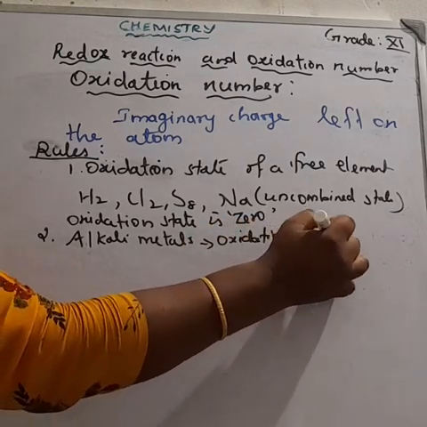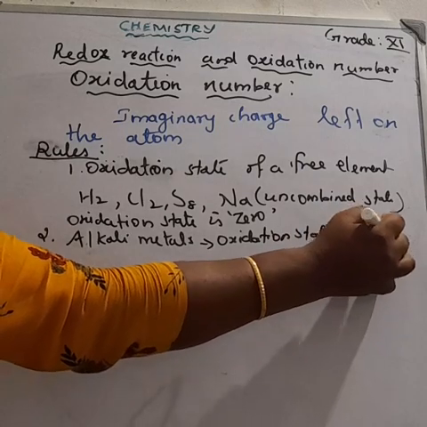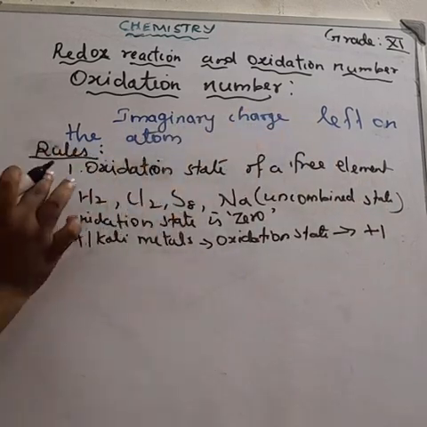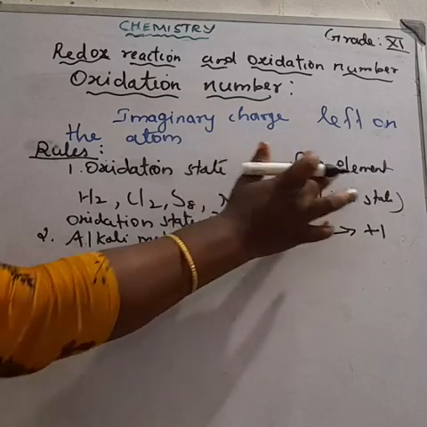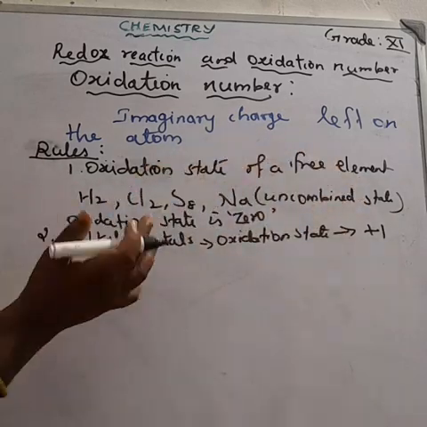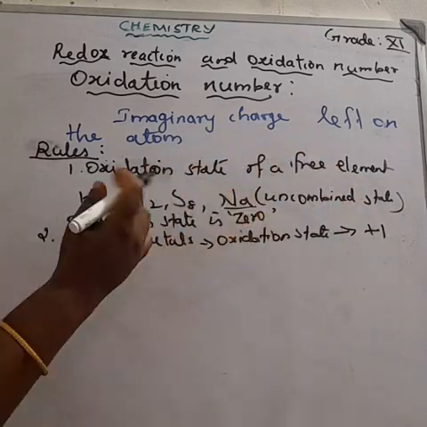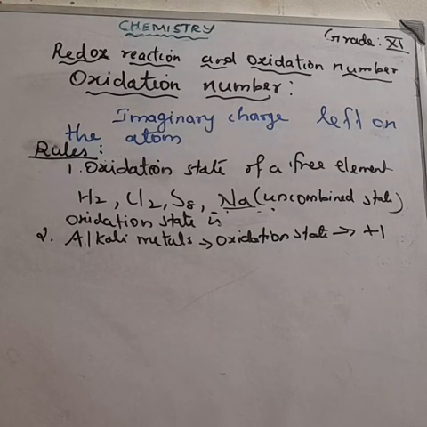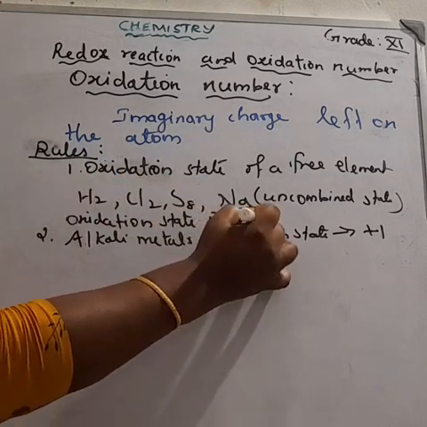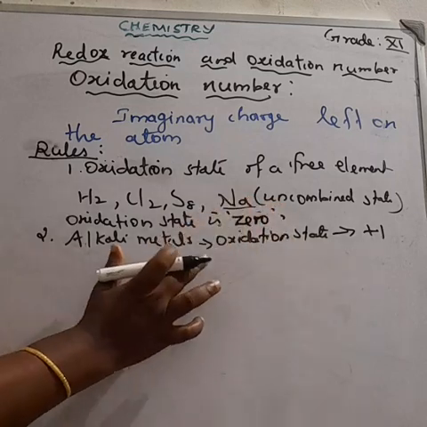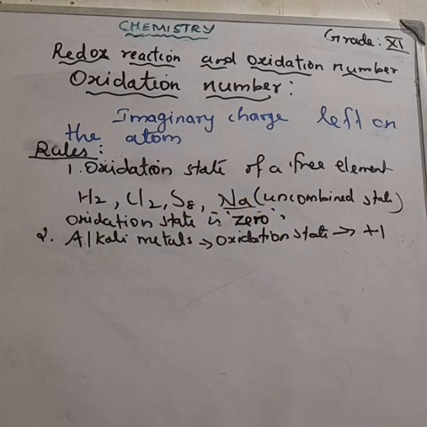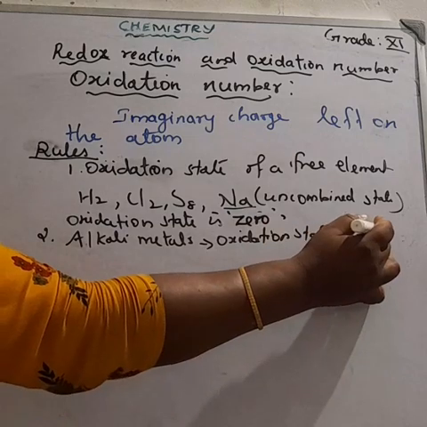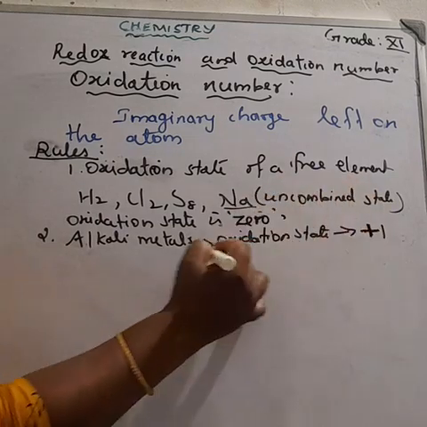We can relate this to the first rule. In the first rule, the element in the uncombined or free state, the oxidation state of sodium or any other element is 0. When these elements are in the combined state, the oxidation state is +1. For example, sodium combined with chlorine.